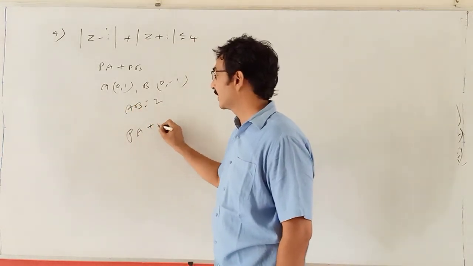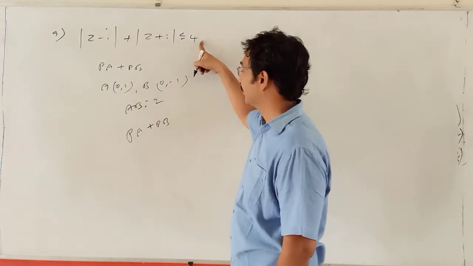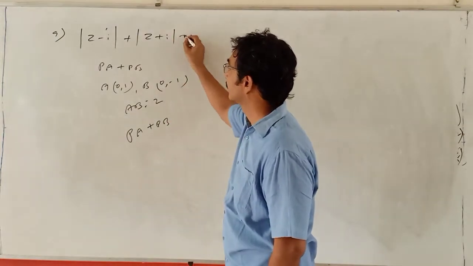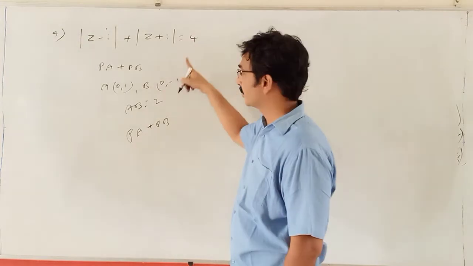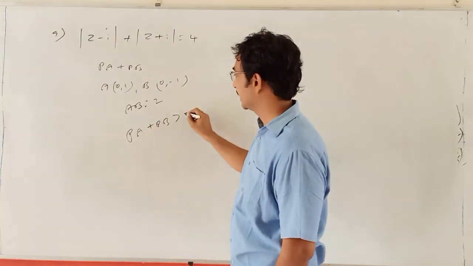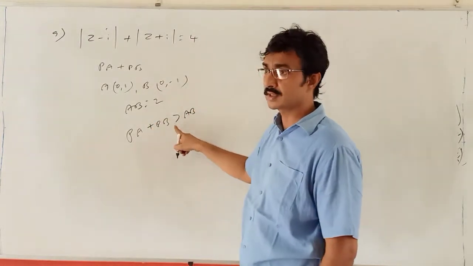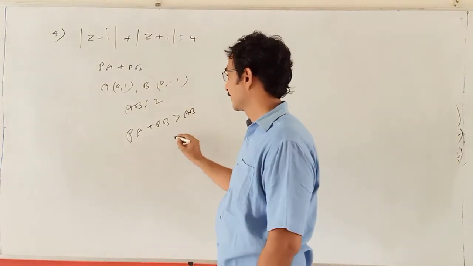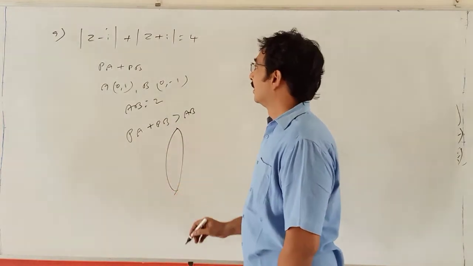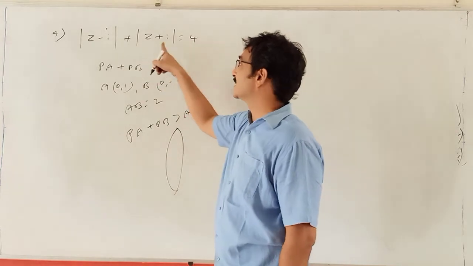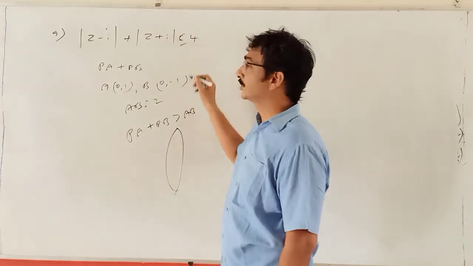But what is PA plus PB? PA plus PB equals 4, but AB value is 2. So clearly PA plus PB is greater than AB, which means the locus of P is an ellipse. But here it is given PA plus PB less than or equal to 4.